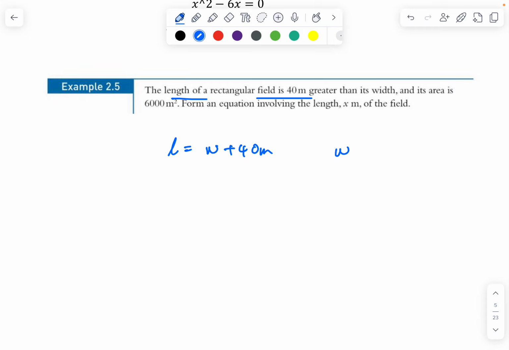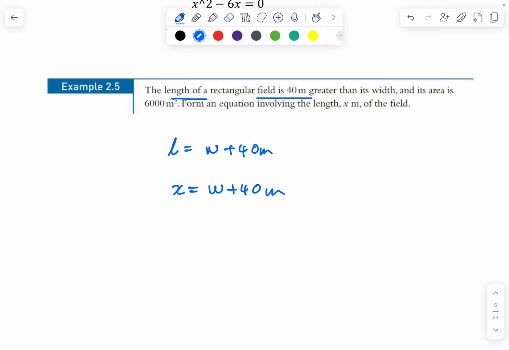We don't know what the width is, and then its area is that one. Form an equation involving the length x and the area of the field. So it will be x equals w plus 40 meters. That is what you're dealing with.